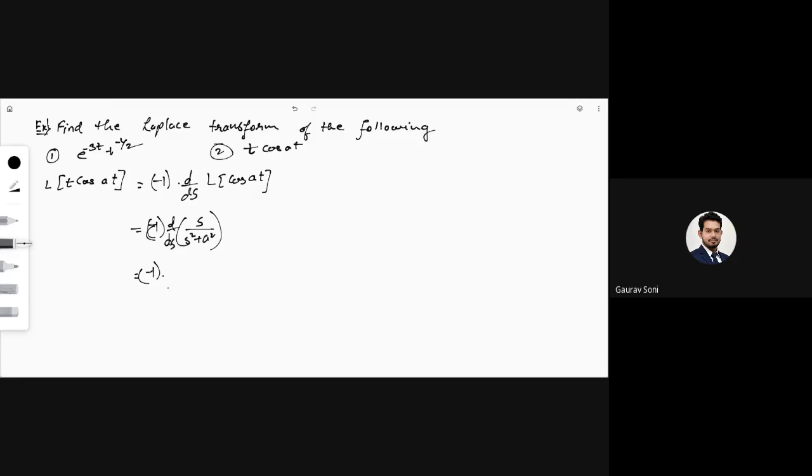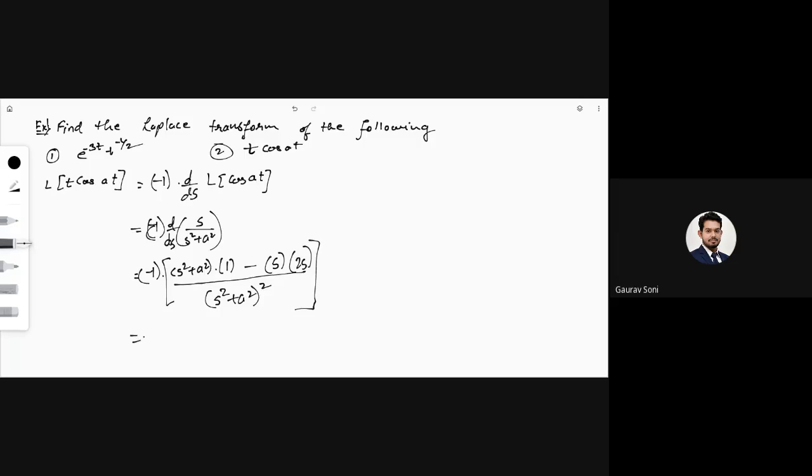This is a derivative with respect to s, so you will have to apply the u by v rule. Denominator as it is, the derivative of s with respect to s is 1, minus numerator s as it is, the derivative of the denominator is 2s, upon s square plus a square whole square.